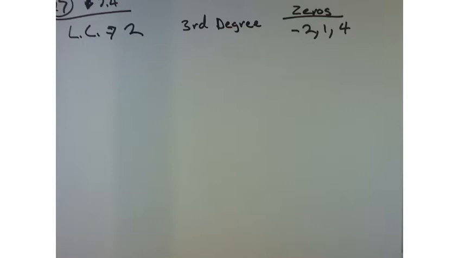So, I guess, where would you guys start? What do we know by looking at this example? How would you find that?